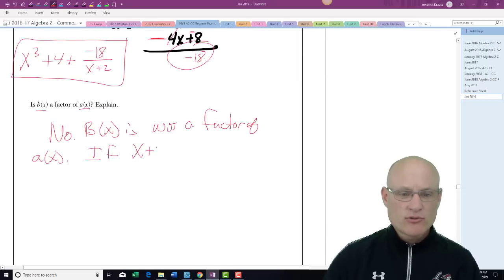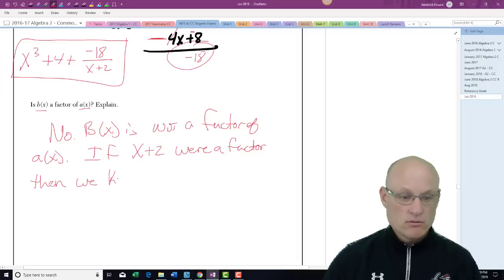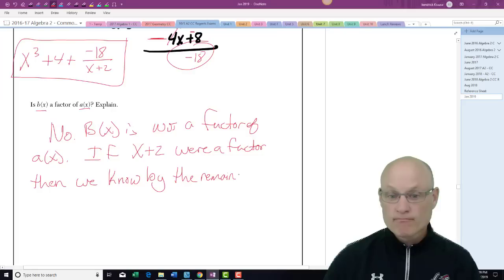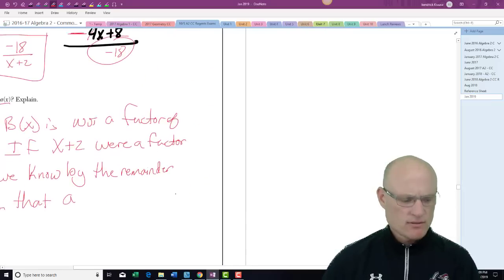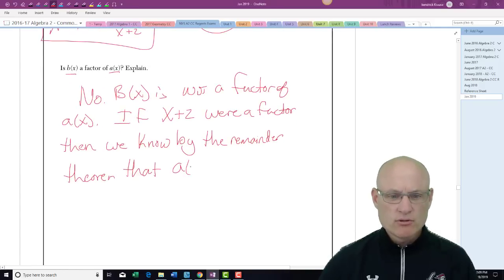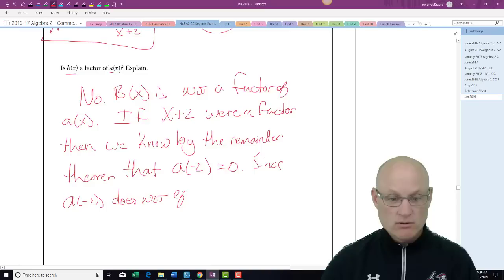If x plus 2 were a factor, then we know by the remainder theorem that a of negative 2 would equal 0, since a of negative 2 does not equal 0.